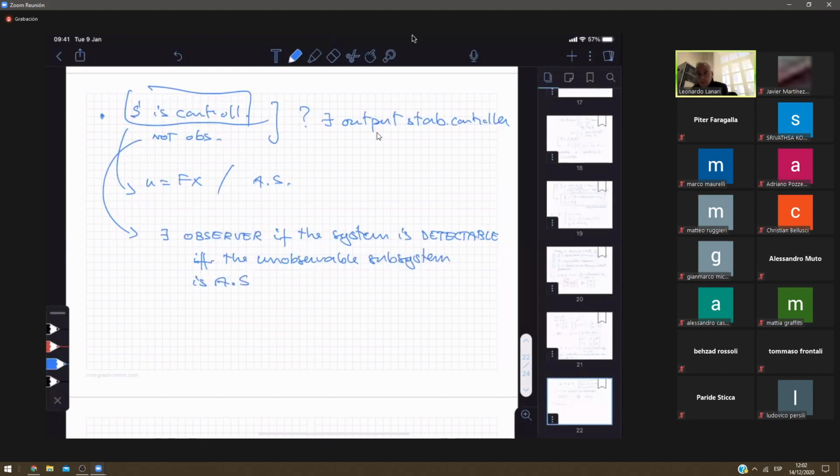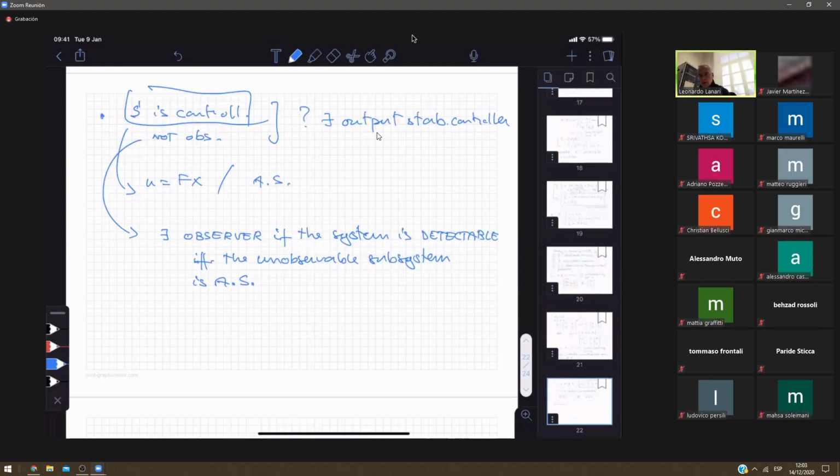If the unobservable subsystem is asymptotically stable, I can build a dynamic system which reconstructs asymptotically my state, and I can use that observer in conjunction with F through the separation principle. If it is not detectable, if the unobservable subsystem is unstable or marginally stable, then we cannot build an observer.